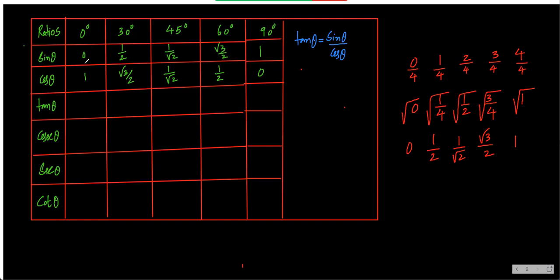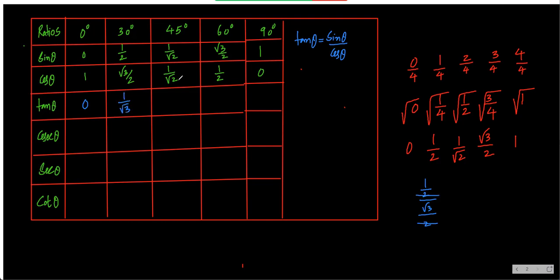So 0 by 1. Sin by cos, 0 by any number is what? 0 only. This is 1 by 2 by root 3 by 2. These 2 and these 2 cancel. If you want the rough work: 1 by 2 divided by root 3 by 2, this 2 and this 2 will be cancelled. 1 by root 3 is the answer.